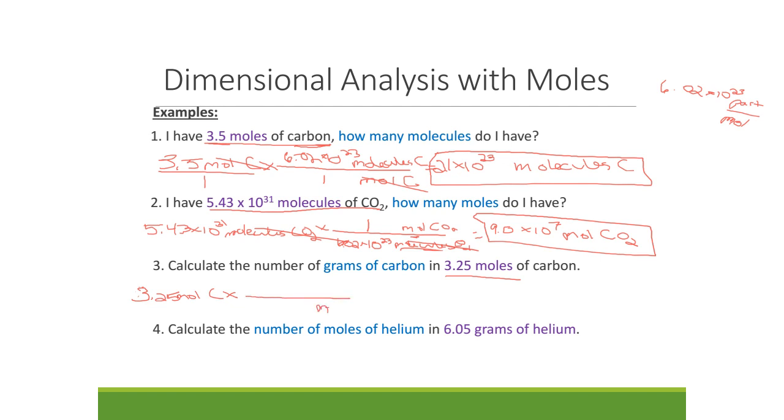So what we are starting with is moles of carbon, and what we want is grams of carbon. What you want goes on top, what you've got goes on the bottom.